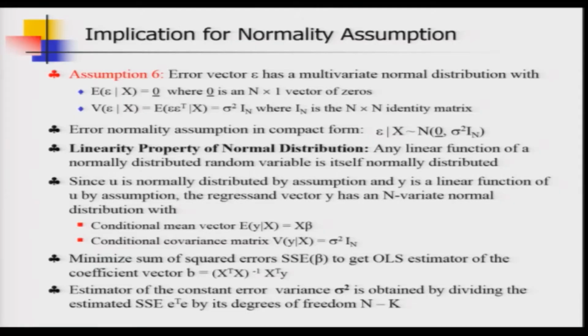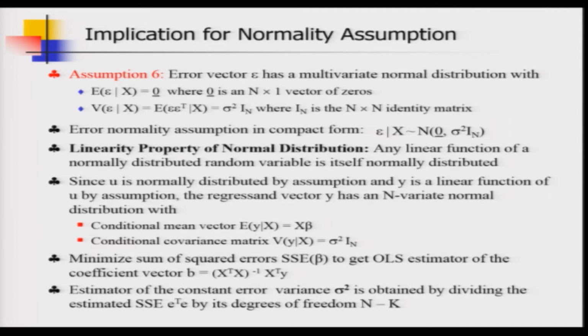So, here I assume that epsilon follows a multivariate normal distribution with mean, expected value of epsilon given X, the data matrix, equal to a vector of 0. Why is it a vector of 0? Because here I am not talking about one particular random variable, I am talking about n number of random variables together.